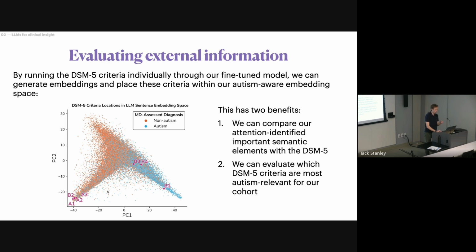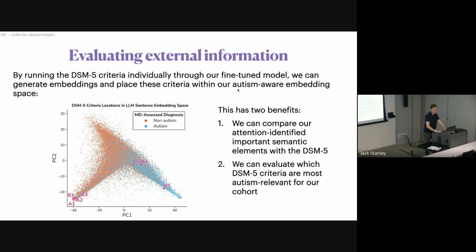You can see here already some interesting structures start to form, where the B1, B3, and B4 criteria are much more heavily on the autism side of the embedding space, whereas these 4 criteria are not. And they're all, again, clustered very similarly together, which maybe suggests they might be a bit semantically redundant, as we'll see.